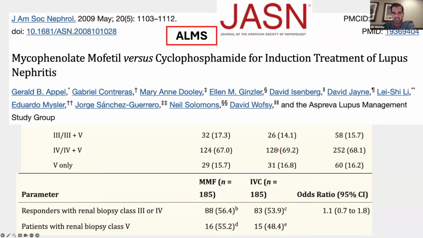Very few patients in the study had isolated membranous, what we're talking about. But there were some here. And these patients actually aren't that common in terms of all patients with lupus that are biopsied. About 15% had isolated membranous only. And they were also randomized to receive either CellCept or IV Cytoxan.